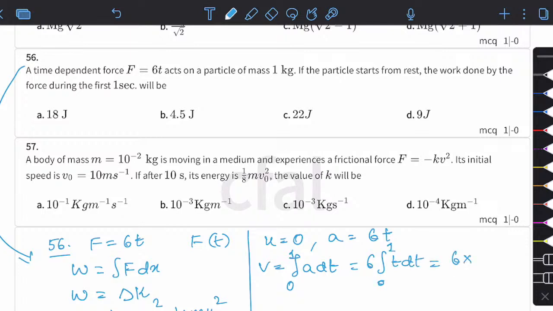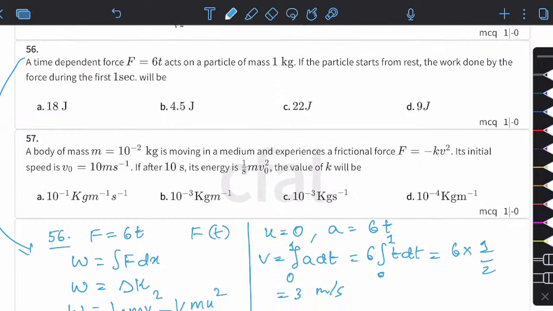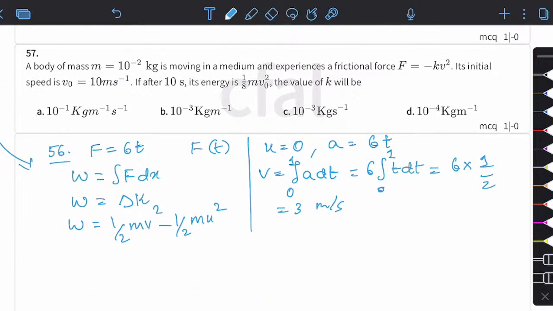So you get 6 into t square by 2, substituting 6 into 1 by 2, which is 3 meters per second. So plugging that into my expression here, I get half into 1 into 3 square, which is 9 by 2, 4.5 joules.